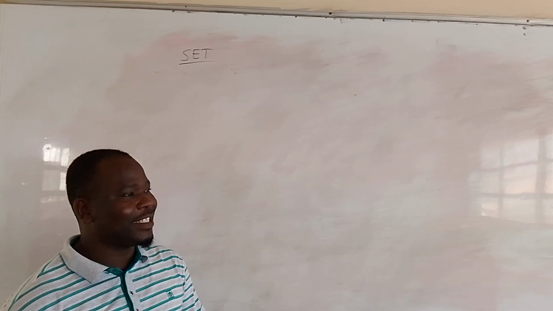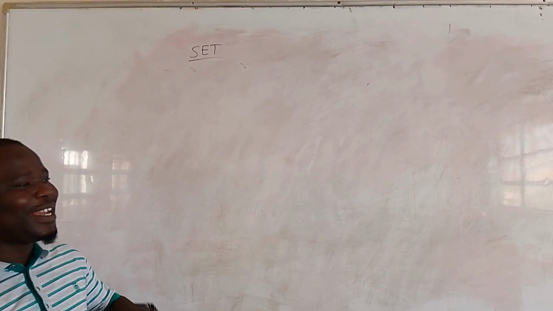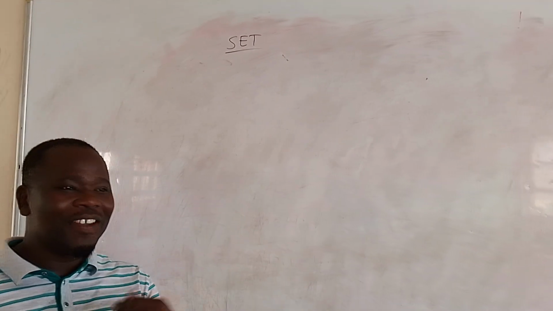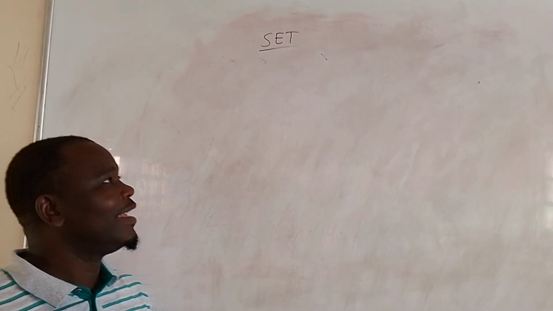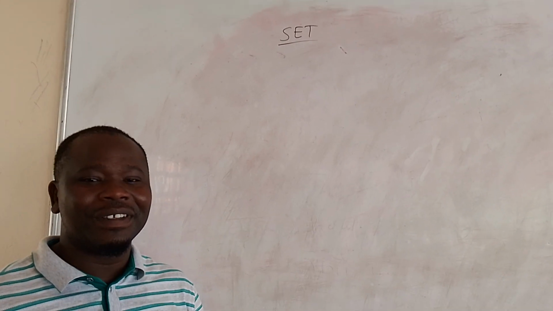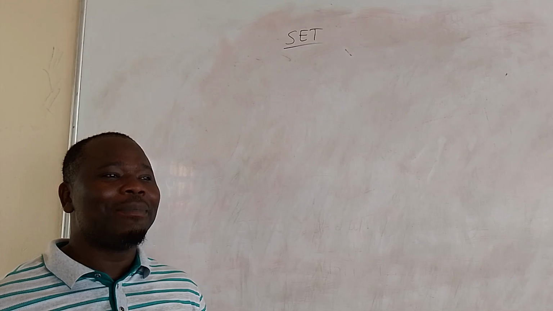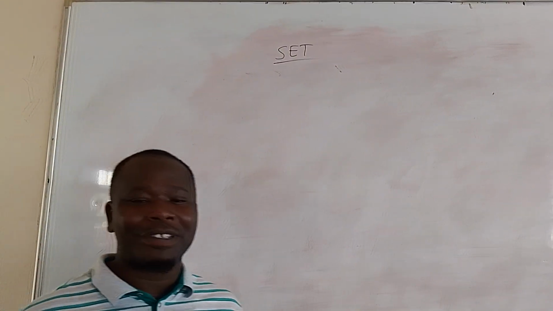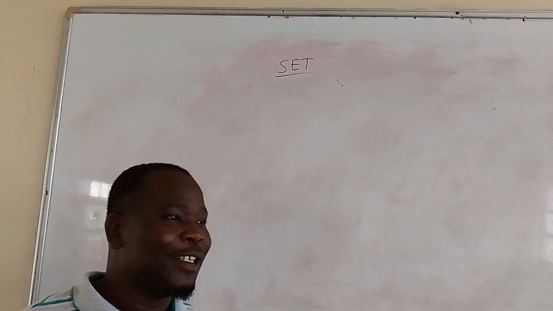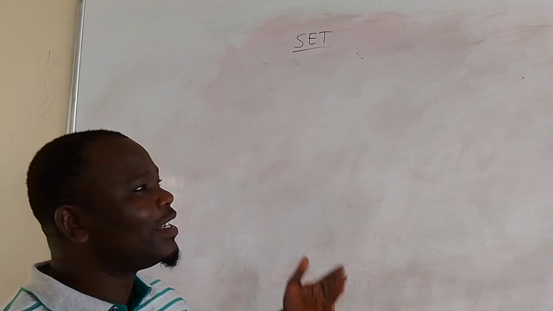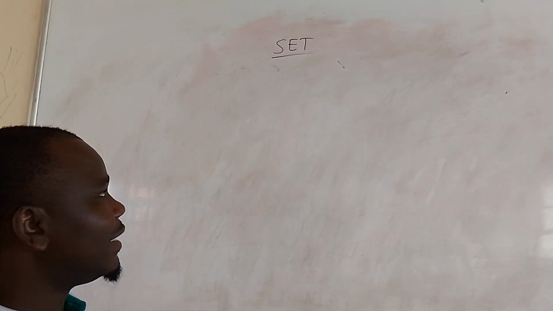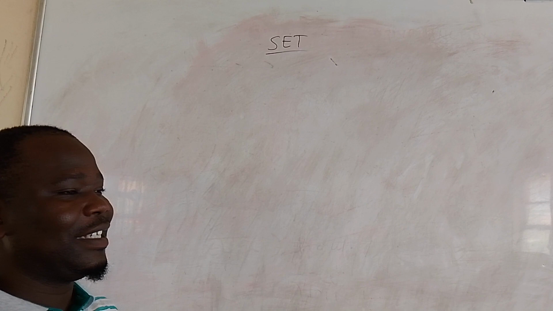So it implies that you are applying mathematics in every day of your life. Every now and then we apply mathematics unknown to us. So now let us define sets theoretically.